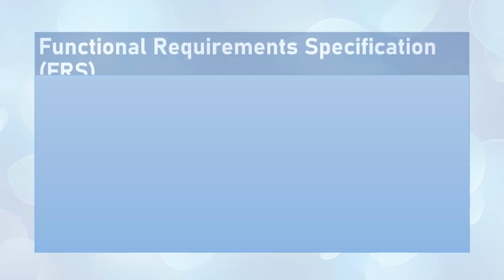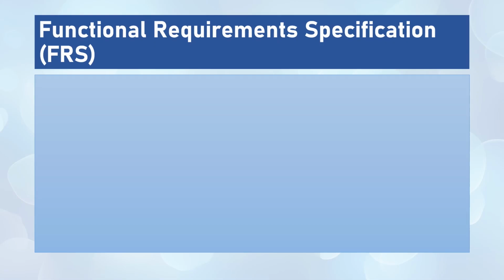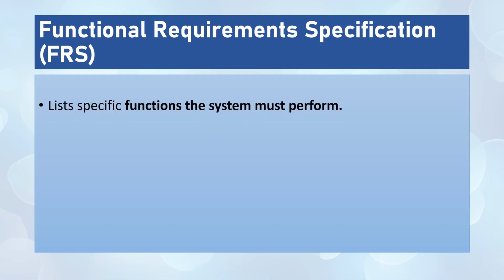Sometimes you might have what is called the FRS or the FRD, which is the functional requirements specification or the functional requirements document. This is actually mostly taken as a part of the software requirements specification. It focuses on the functional requirements, so it tells you what the system should be able to do.